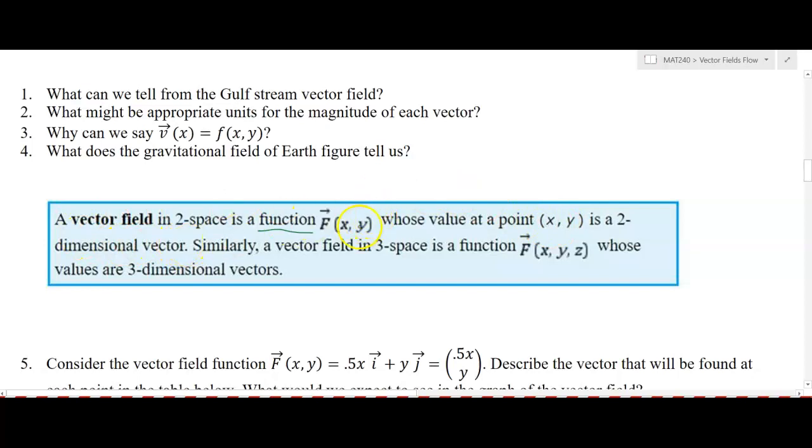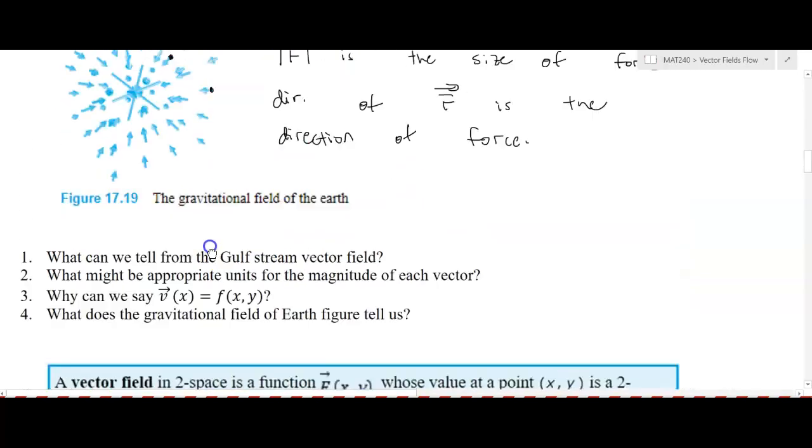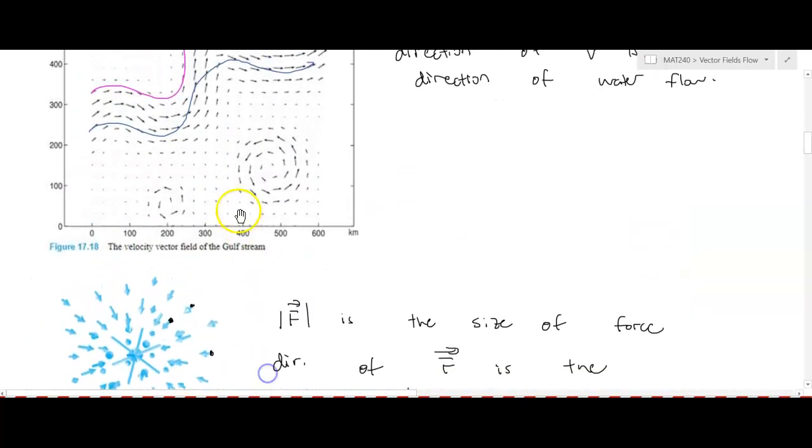So basically we're going to input an ordered pair, and what we're going to get as an output is a vector at that ordered pair. Similarly, a vector field in 3 space is a function of 3 inputs, your position in 3 dimensions, whose values are 3-dimensional vectors.